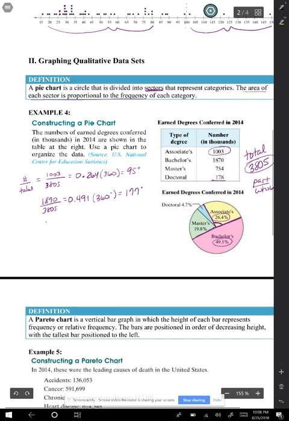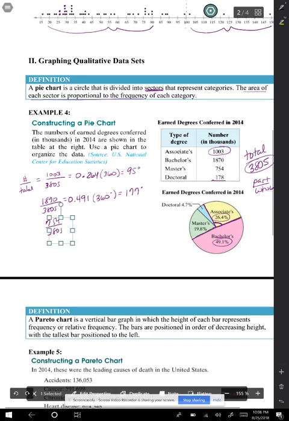And then we would do the same for the last two. So we get 754 over 3805, and that's 0.198 multiplied by 360.